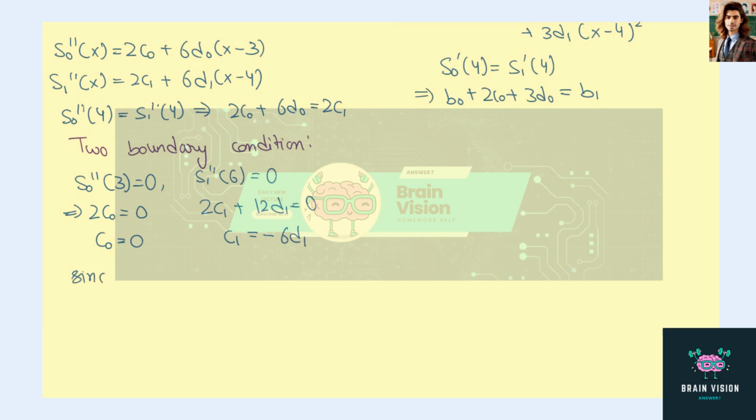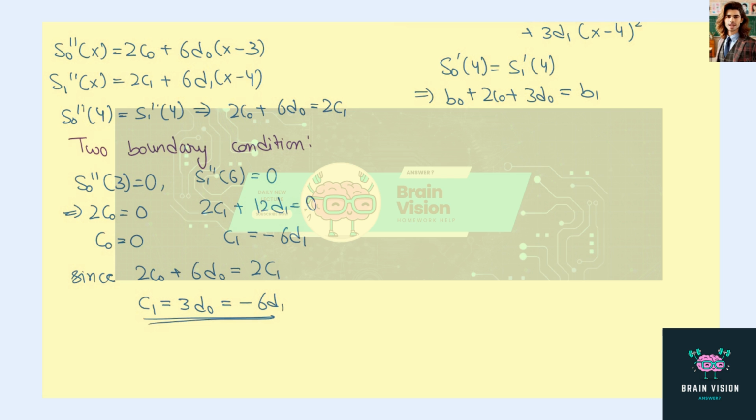And since 2c0 + 6d0 = 2c1 and c0 = 0, this gives us c1 = 3d0, which is equal to −6d1. So this is one relation between c1 and d0.